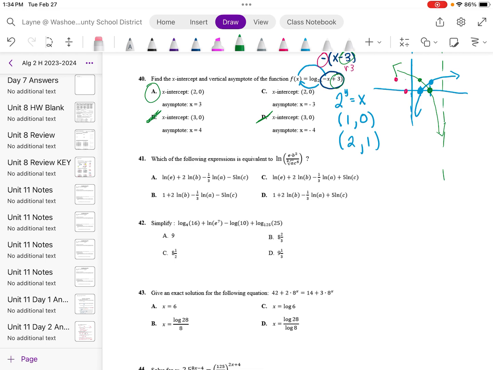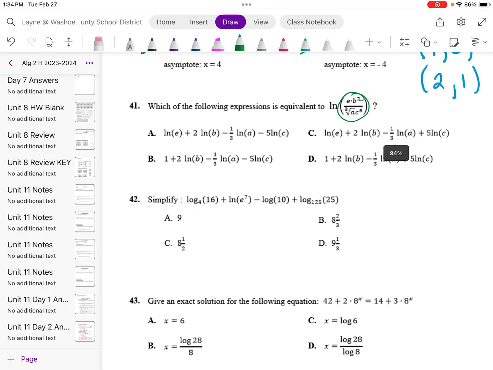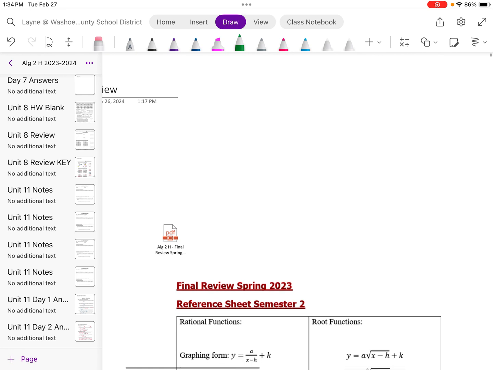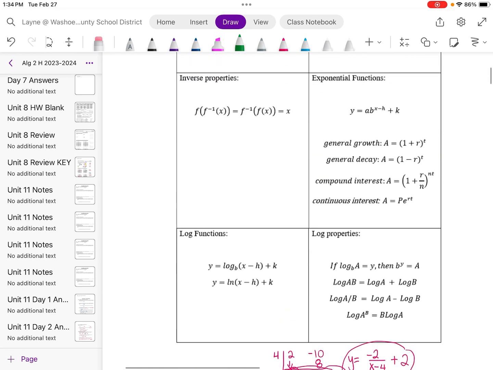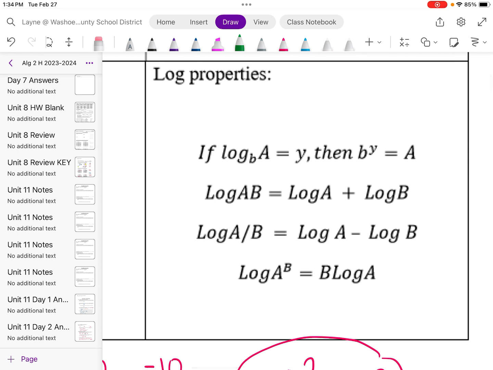Which of the following expressions is equivalent to this? Okay, so this is expanding log. So what we're going to do is expand this. If you don't remember the rules for expanding logs, you can go to the very front of this book, and you have all the expanding rules here.